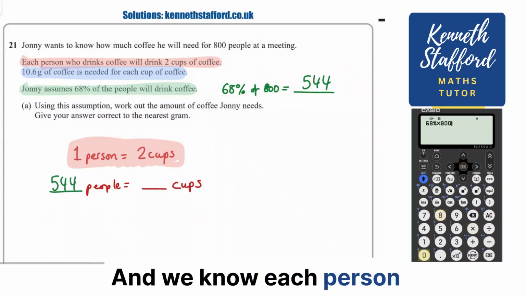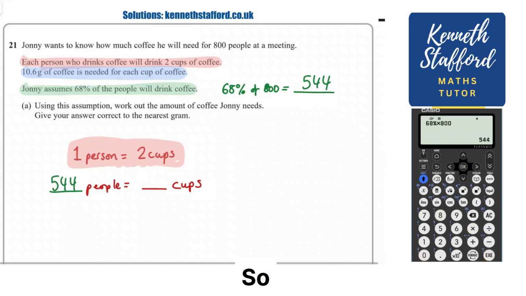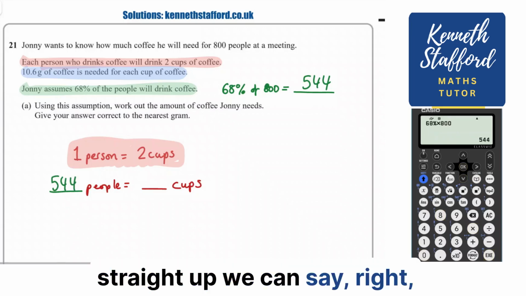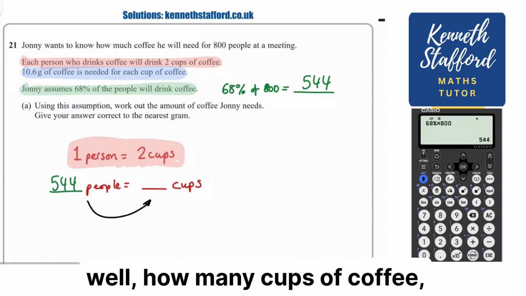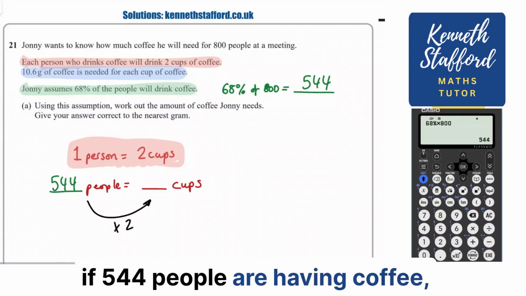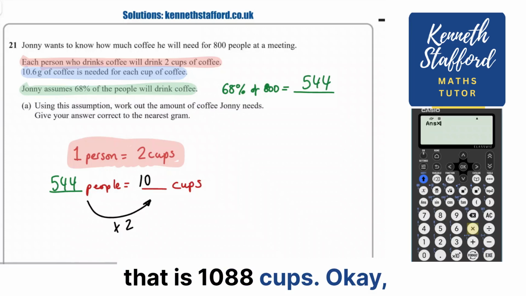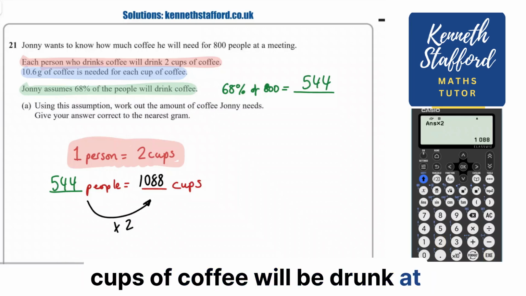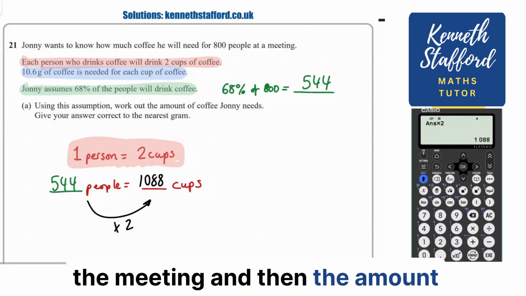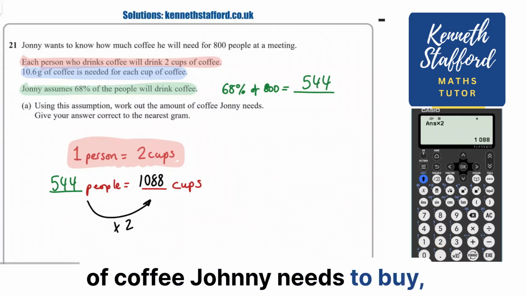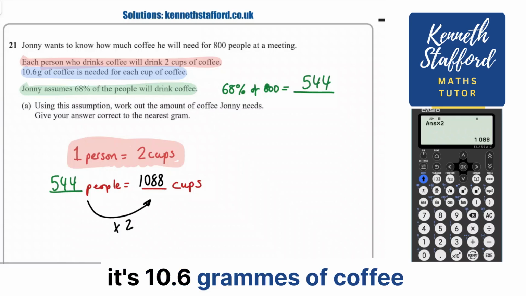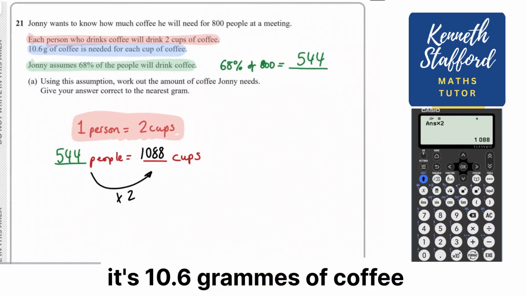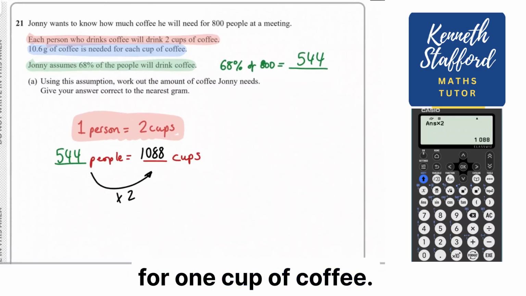And we know each person has 2 cups. So straight up we can say, right, well, how many cups of coffee if 544 people are having coffee? That is 1,088 cups. Okay. So we've now figured out how many cups of coffee will be drunk at the meeting. And then the amount of coffee Johnny needs to buy. Well, it's 10.6 grams of coffee for 1 cup of coffee.